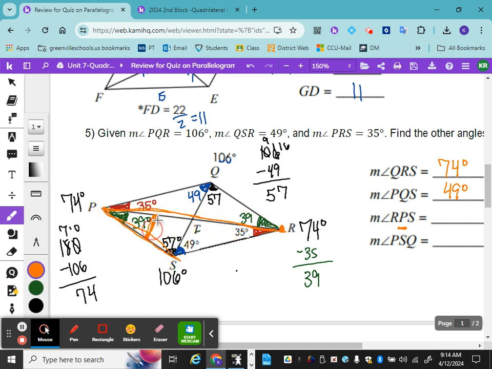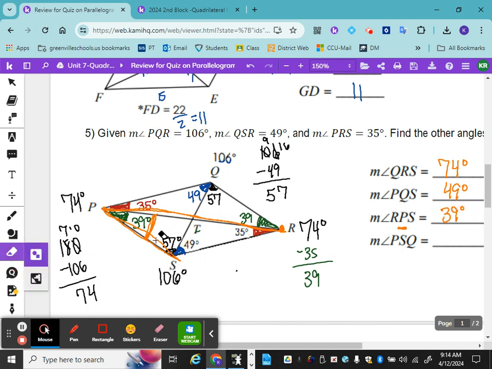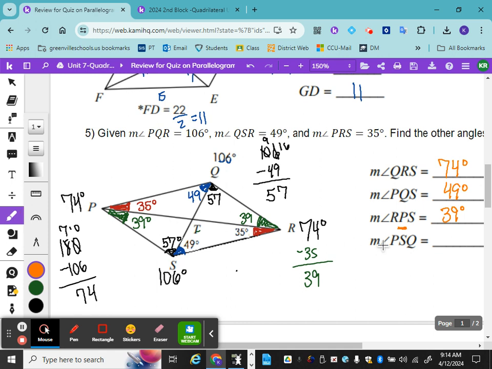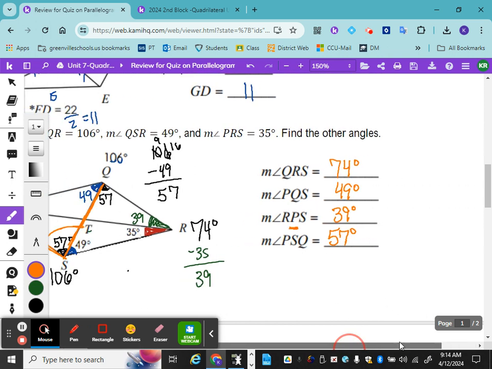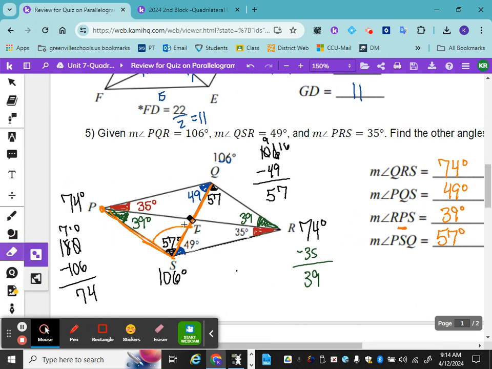Connect your lines. PSQ, from P to S to Q. Connect your lines. 57. Oh, that's it. I didn't need those middle angles.